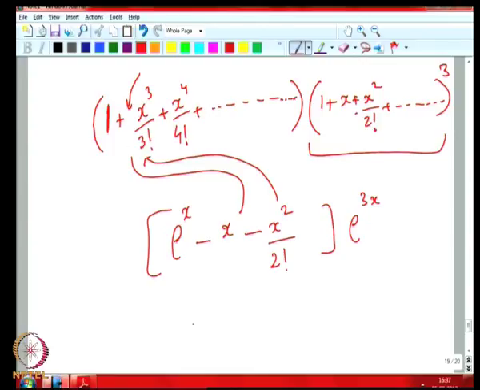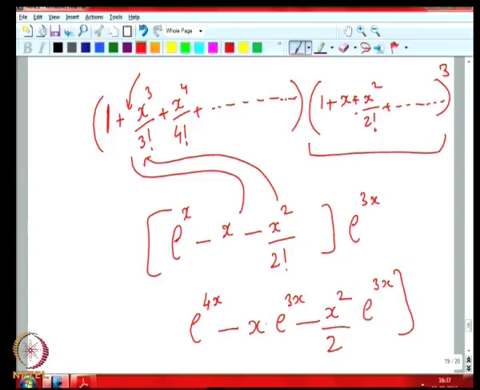So now we multiply, we get e raised to 4x minus x into e raised to 3x minus x square by 2 into e raised to 3x. Now we are looking for the coefficient of x raised to 12 by 12 factorial in this exponential generating function, right.